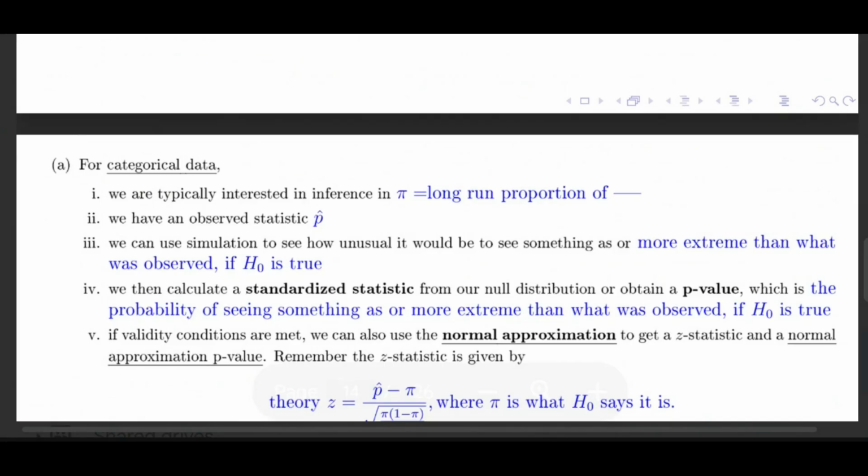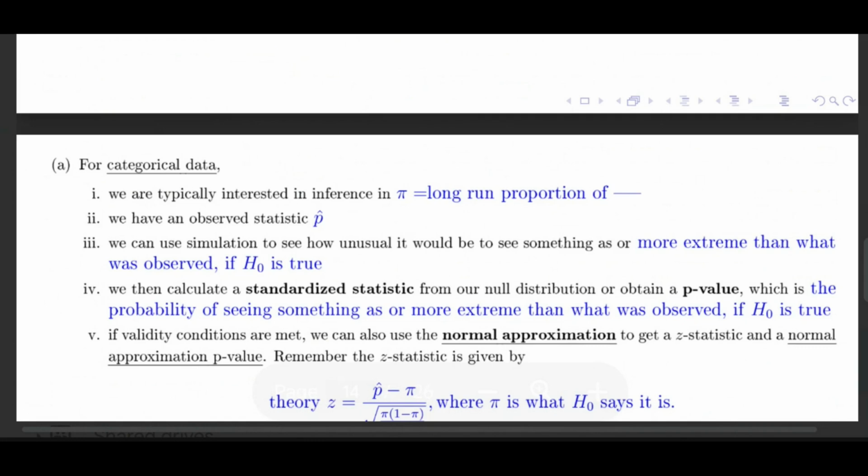Proportion of what? The long-run proportion of Hope students who are left-handed. The long-run proportion of Hope students who were born in Michigan. The long-run proportion of Michiganders who like snow, whatever it is. So I left this blank because you fill in the blank. It depends on what you want, but it's a proportion and it's long run.